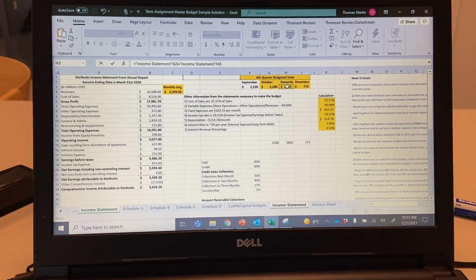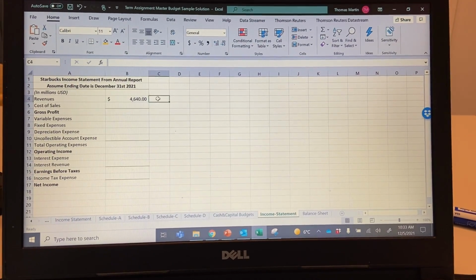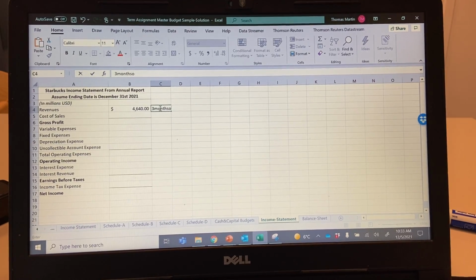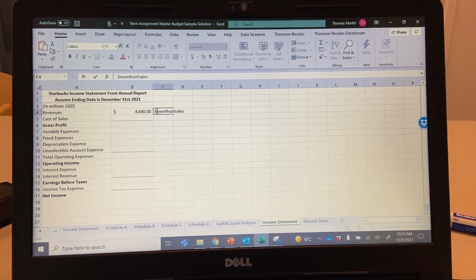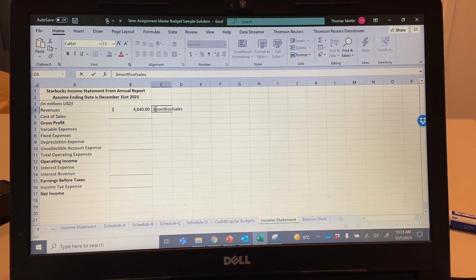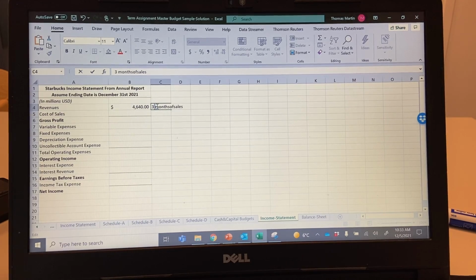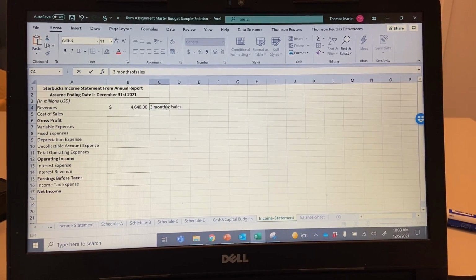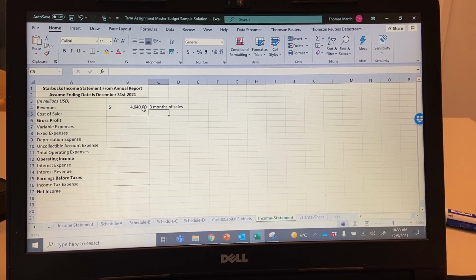So I'm going to add October, November, and December. This is my 3 months of sales.